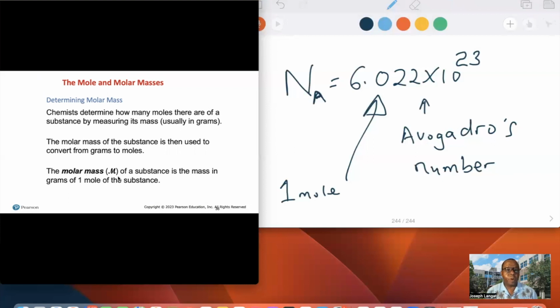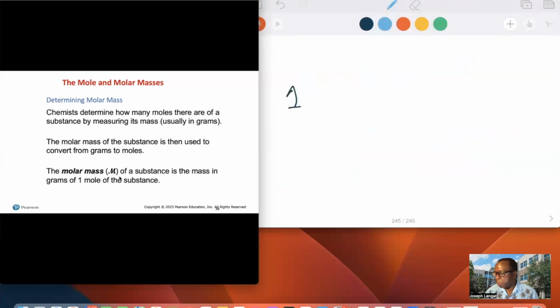You can find the molar mass of a substance, and by the way, 1 mole of an element weighs its atomic mass in grams, and it has Avogadro's number of atoms, just so that you know.